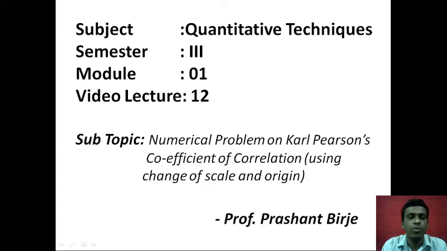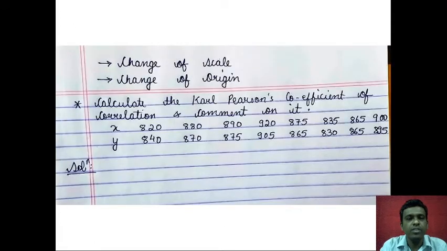So let us begin. The problem goes like this. Calculate the Karl Pearson's coefficient of correlation and comment on it. The x and y values are as follows. X values are given, y values are given.